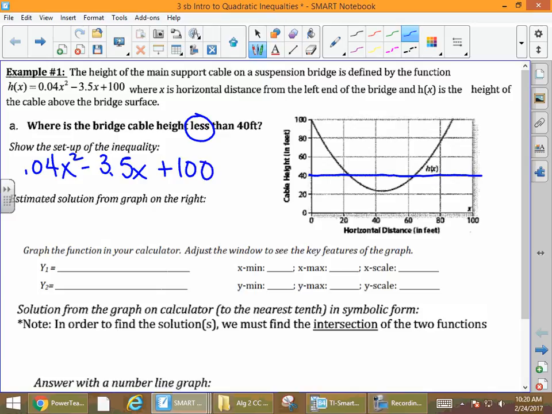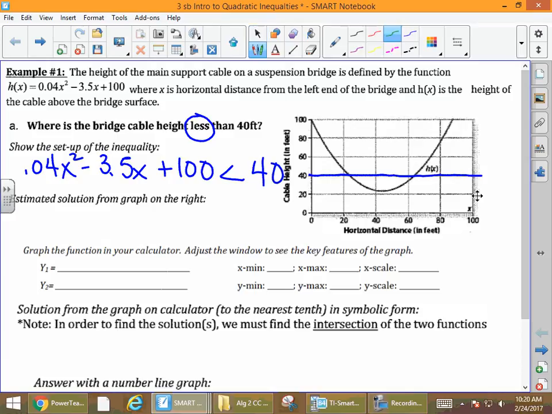Put the equation on the left, and I like to use the alliteration, letter on the left, is less than 40 feet. This symbol pointing towards the 100 in this equation is the less than symbol. And there's our setup of the inequality.